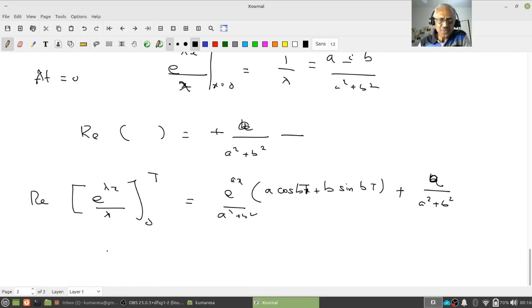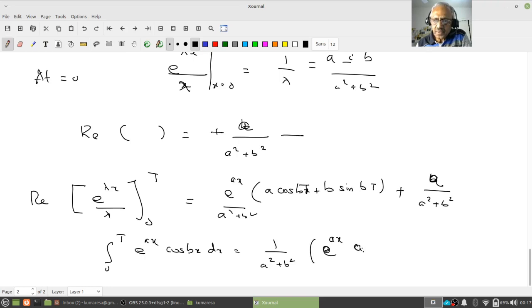Okay. Therefore, what did I find? The integral from 0 to t of e power ax cos bx dx equals 1 by a squared plus b squared times e power at, a cos bt plus b sin bt, okay, and the whole thing minus a.